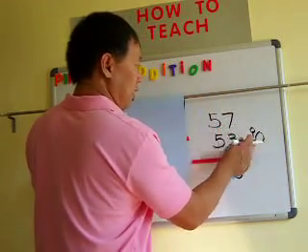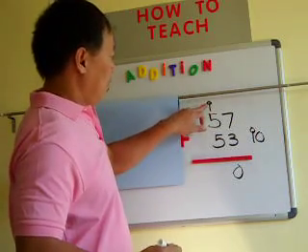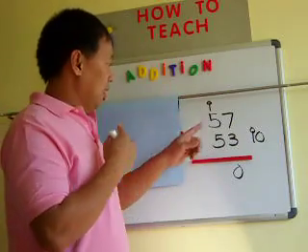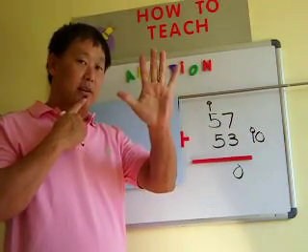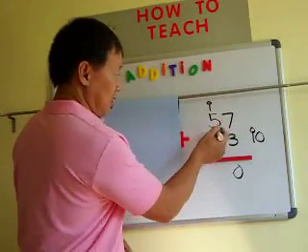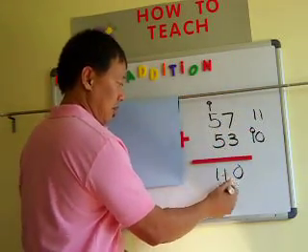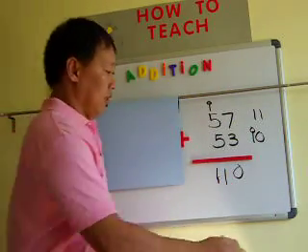And then the neighbor of 7 is 5. 1 plus 5 is 6. 6 plus 5, 6, 7, 8, 9, 10, 11. Since this is the last number, I don't have to write down over here. Just drop it down. Both number. 110.